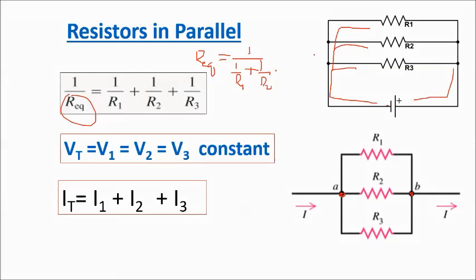Now, since all the R's are connected directly to the source, V is constant in resistors connected in parallel. Therefore, V total, whatever the V source is, is equal to V1, V2, V3, up to Vn if there are many resistors. And to find I total, simply add I1, I2, I3 to In.